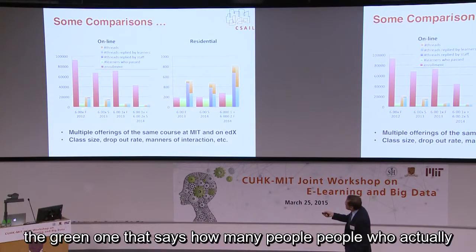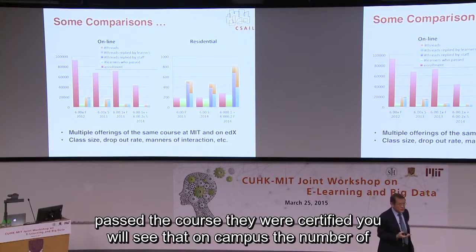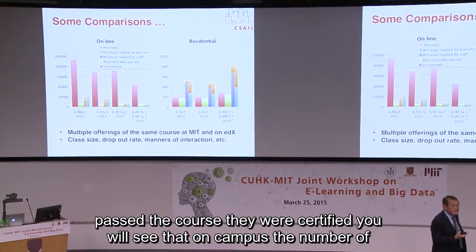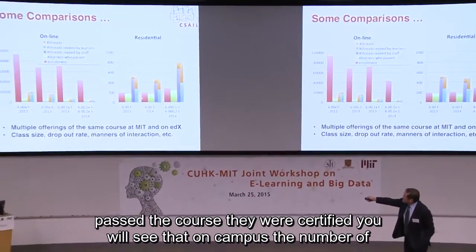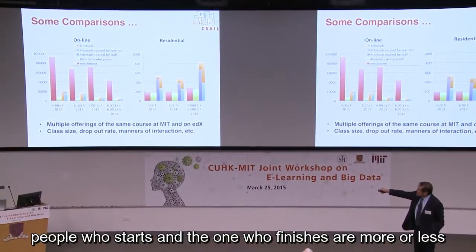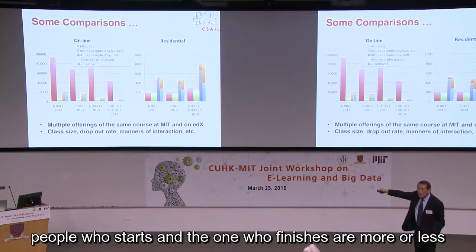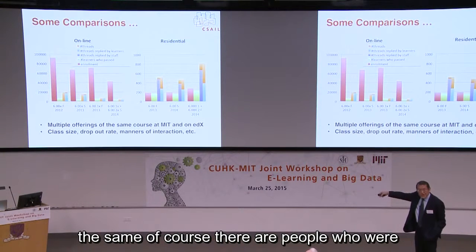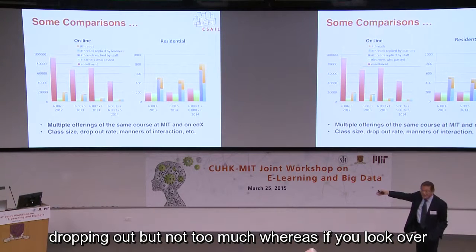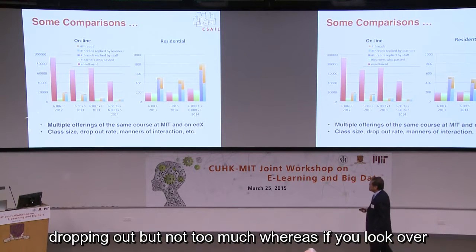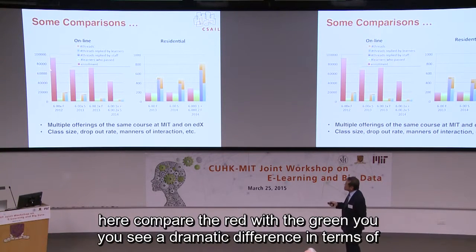If you look at the green one, that says how many people actually passed the course, they were certified. You will see that on campus, the number of people who start and the ones who finish are more or less the same. Of course, there are people who are dropping off, but not too much. Whereas if you look over here, compare the red with the green, you see a dramatic difference in terms of dropout rate, right?